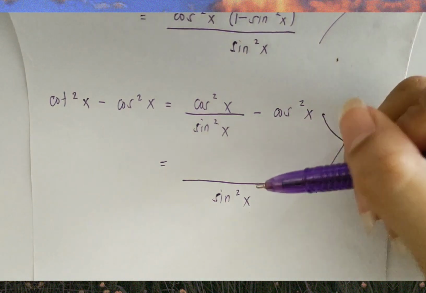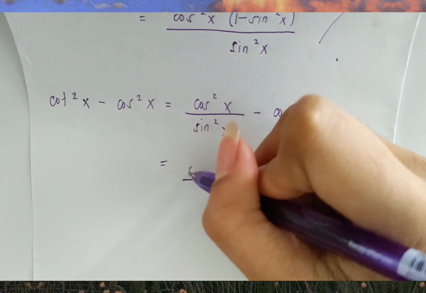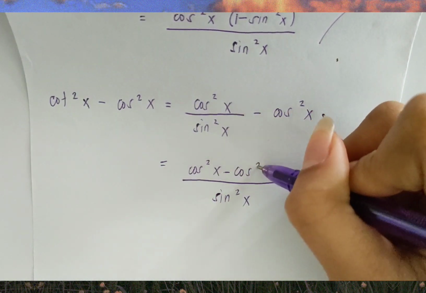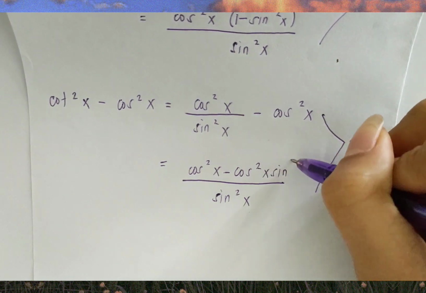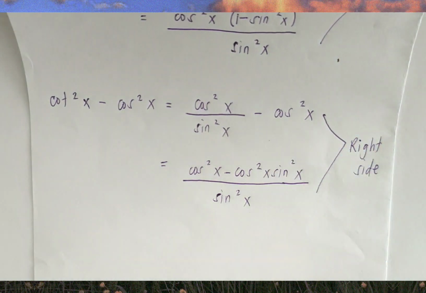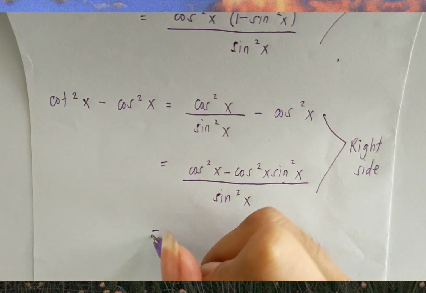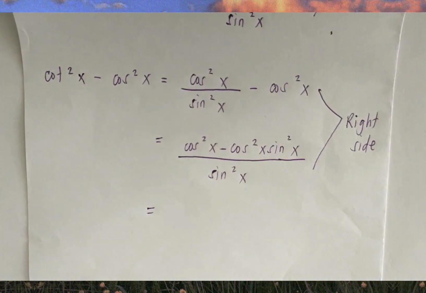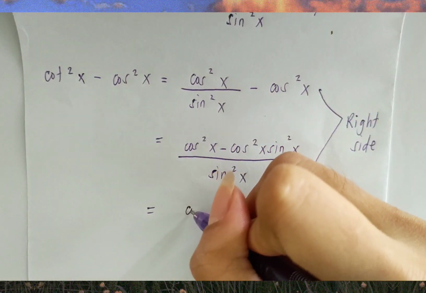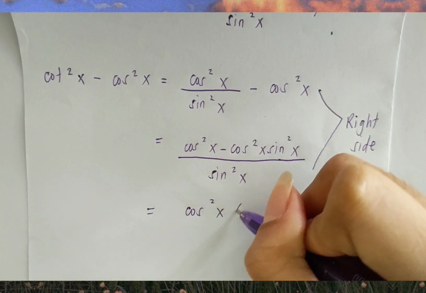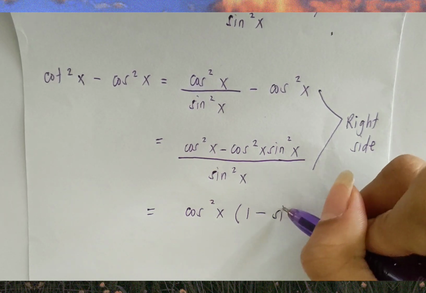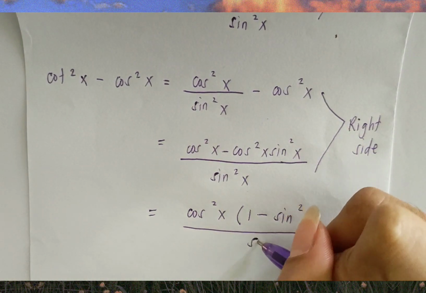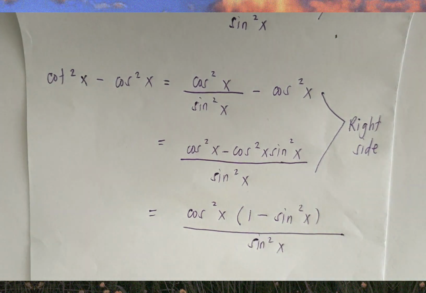And to get the numerator, we have cosine squared x minus cosine squared x sine squared x. Now let us compute. Cosine squared x times 1 minus your sine squared x all over sine squared x.